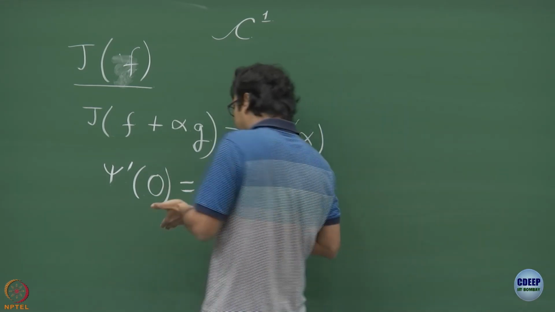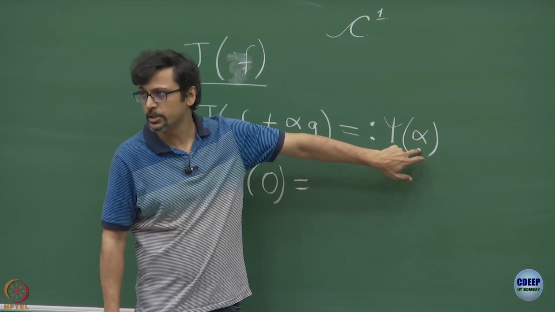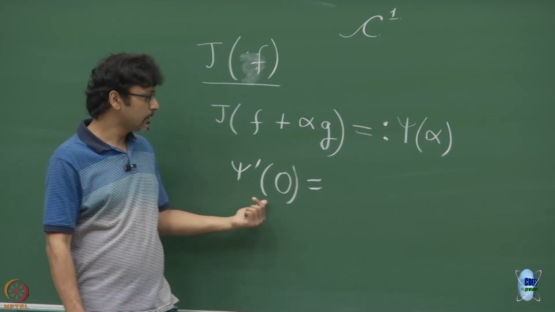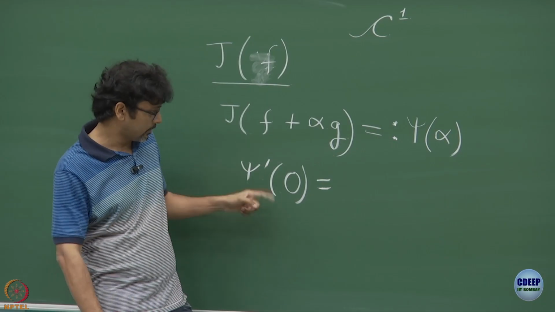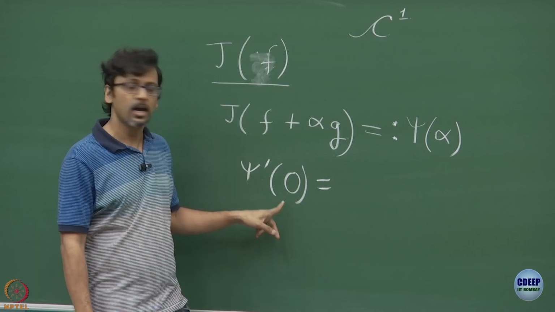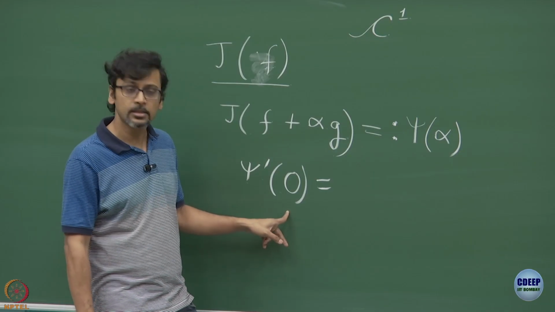Okay, so if you expand it in a Taylor series in alpha, around alpha equal to 0, once again what happens? This is the first term in your expansion, alpha into psi prime of 0, and then what happens?